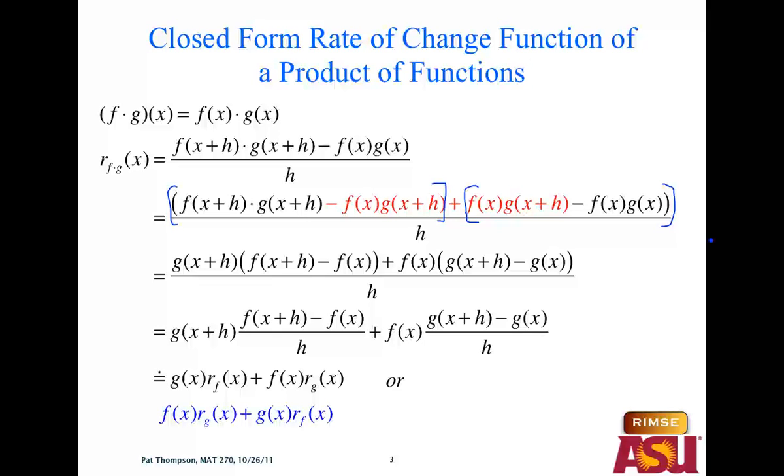Okay, so there's a nice symmetry to this rule that makes it easy to remember. You've got two functions, so you're going to take one function as it is, times the rate of change of the other, and then you're going to switch it and add them together. You really can't miss because you can change the order of multiplication and you can change the order of addition. So all you got to remember is take the one function as it is, times the rate of the other, switch it, and add. Okay?